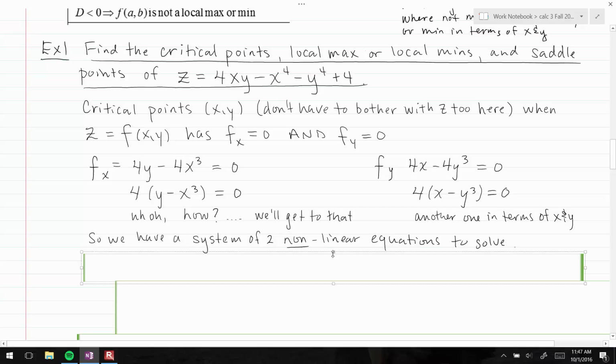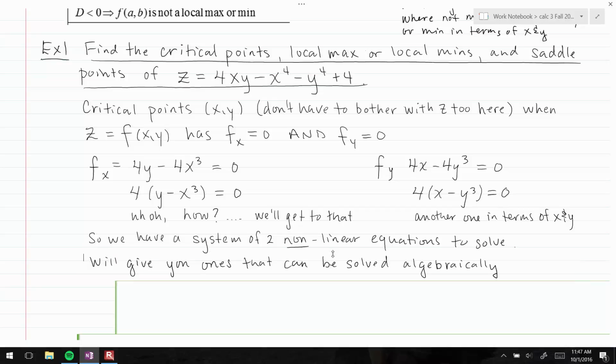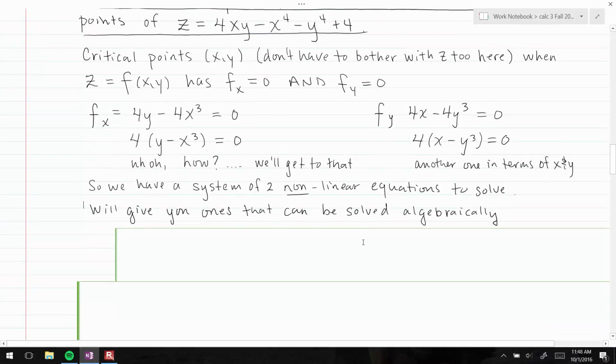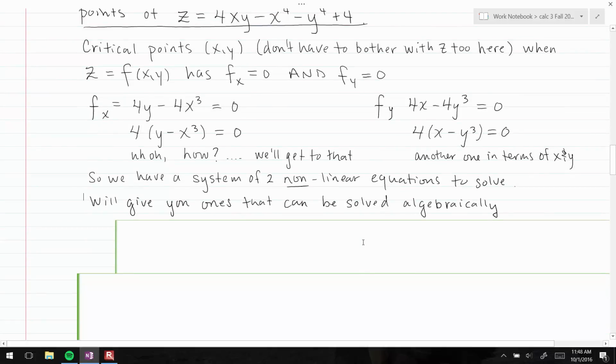I'm going to give you some that can be solved algebraically, but you're going to have to notice something, and it's not always going to be the same thing every time, unfortunately. So anyway, let's look at these and try to see what's going on.